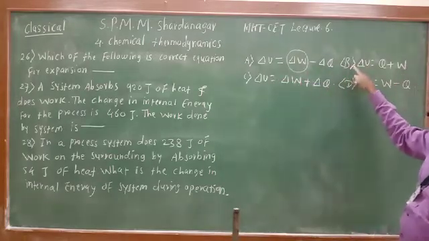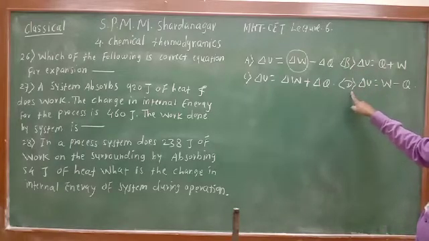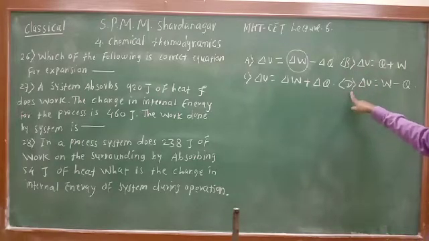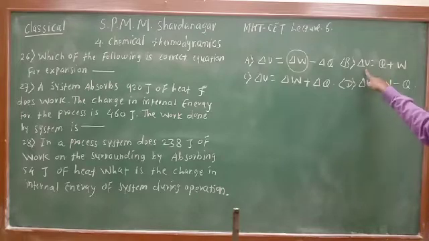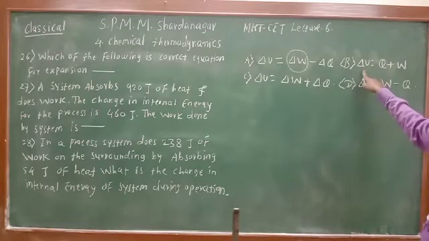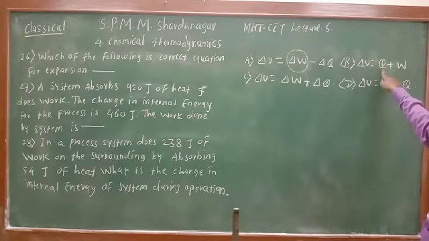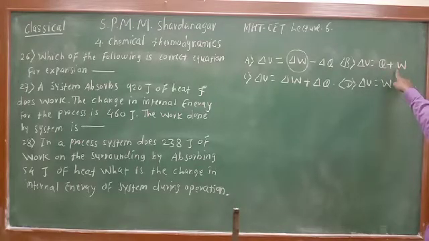Now the remaining are B and D. For the first law of thermodynamics, we have studied that delta U, the change in internal energy, is a state function, but it is the summation of two path functions: heat absorbed by the system and work done on the system, the work of compression.